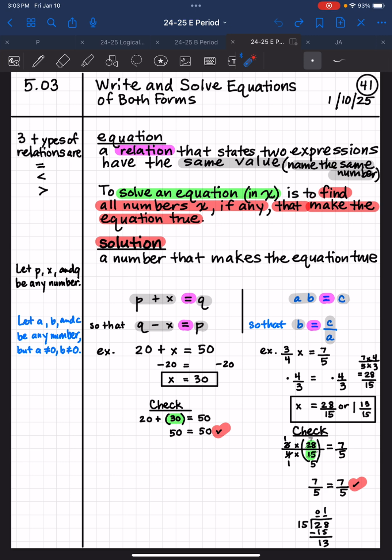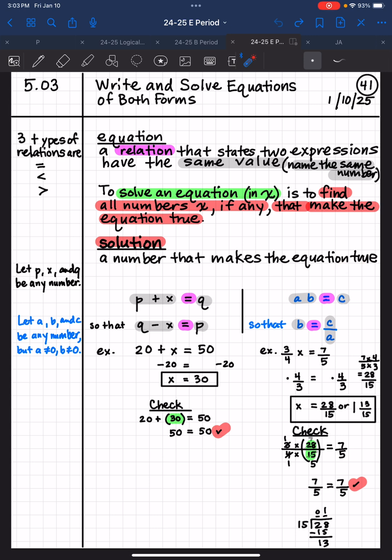Most of the time you're going to see an x, like in this case right here. To solve an equation in x is to find all numbers x, if any, that make the equation true. And any number for x that makes the equation true is called a solution, okay? Any number that makes an equation true is called a solution.